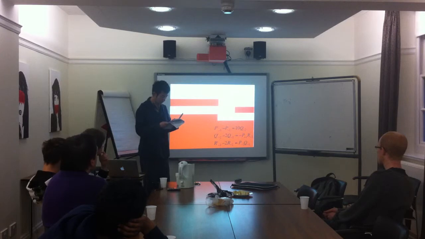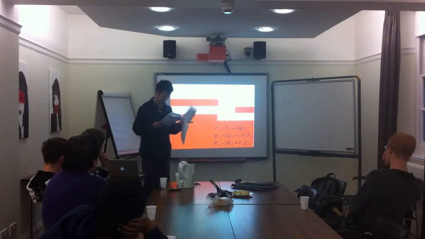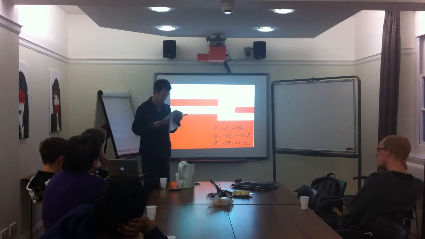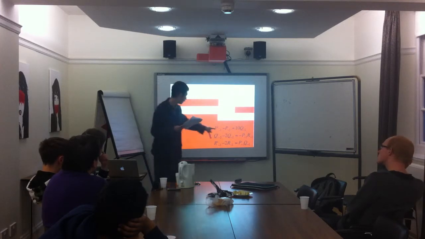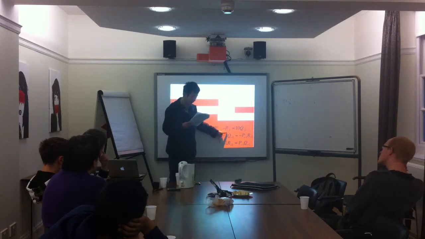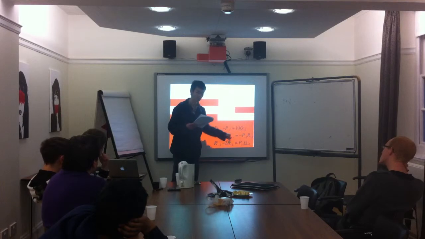And the paper says, which I don't completely understand, I hope that some of you can point out to me why this is the case. It says that the degree of p minus 1 and q minus 2 must be the same.